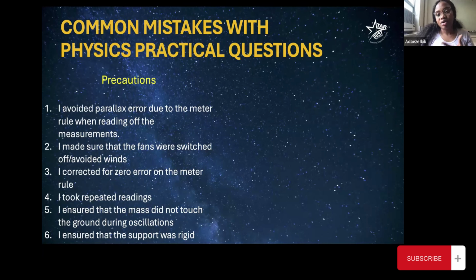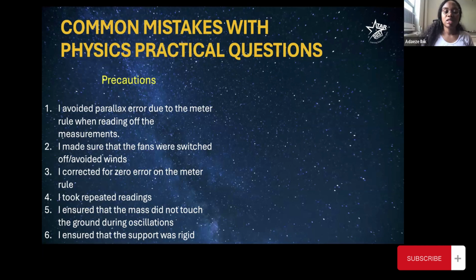A parallax error is usually an apparent measurement, it's not correct. It's something that has to do with our eyes. So you have to be careful and avoid wrong measurement due to parallax when taking readings of the meter rule in this case. There are also other errors that you can get when wind is blowing your meter rule, which is supposed to be oscillating. So you need to make sure that the room is airtight and does not have wind that could influence your results.